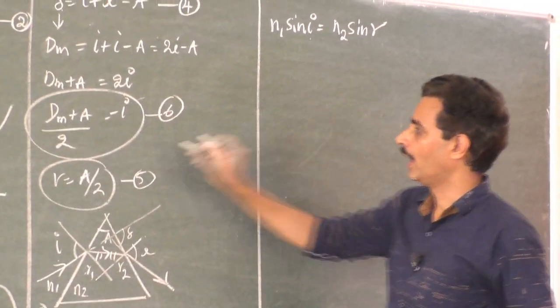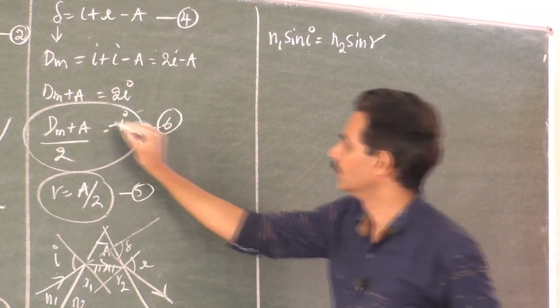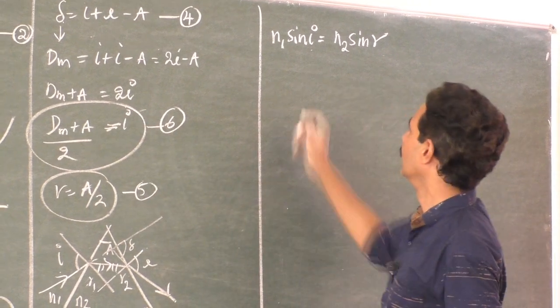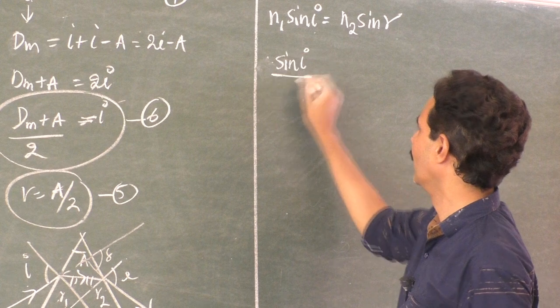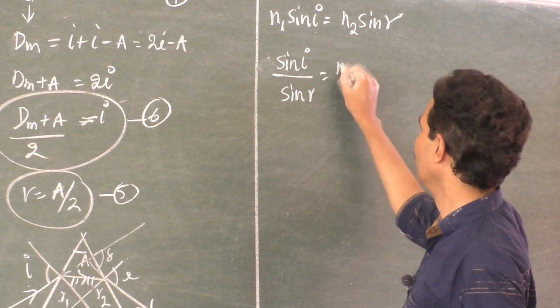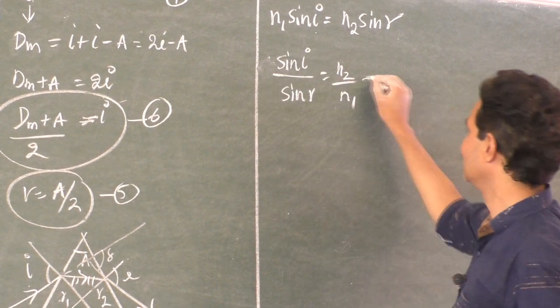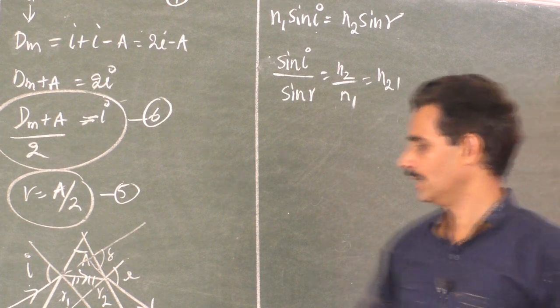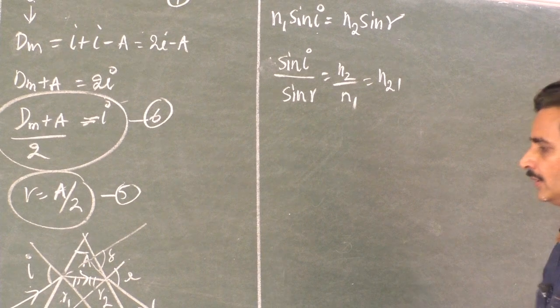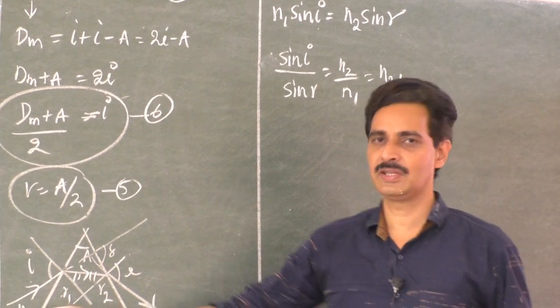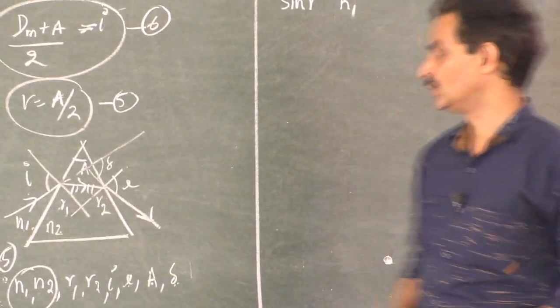And what is I? I is A plus dm by 2. This is I. And sine I by sine R is equal to N2 by N1. You know that this N2 is the refractive index of the second medium with respect to the first medium, that is N21.